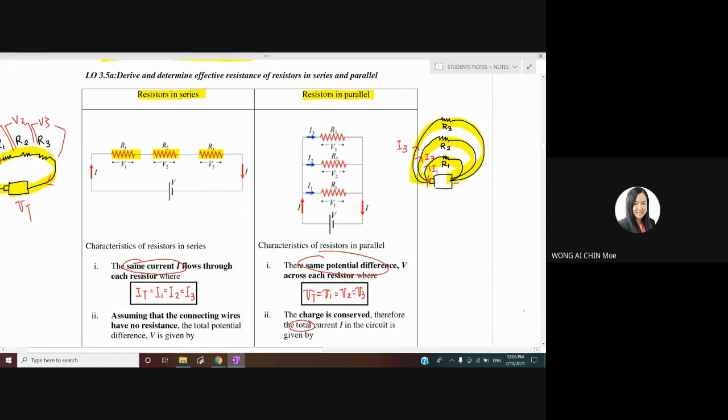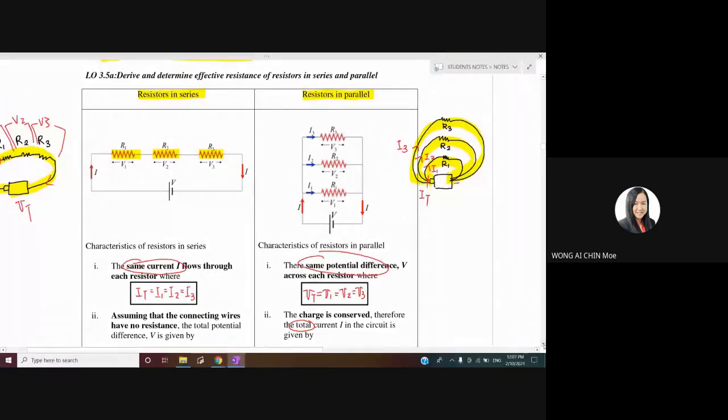Whereas for our current, when the current comes out, it will split into I1, I2, and I3 because we have three junctions here. So our I total will split, it will branch, depending on the resistor. If the resistor is high, the current flowing through is low. Why?